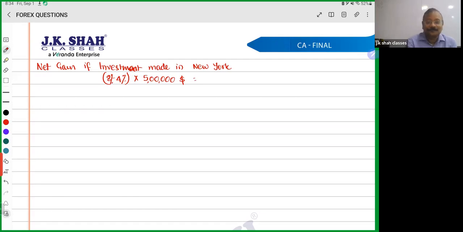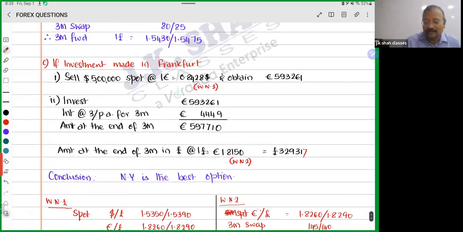Then compare that to each. Anyone else? Any other view on this? Net gain in pounds. First we will find it in dollars, then convert it at the 3-month rate. First in dollars, and then convert it at the 3 months' rate. Okay.